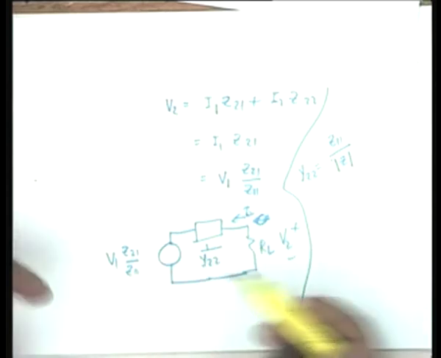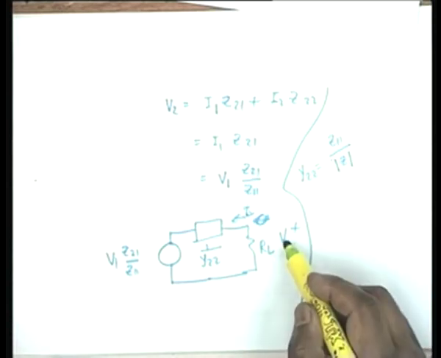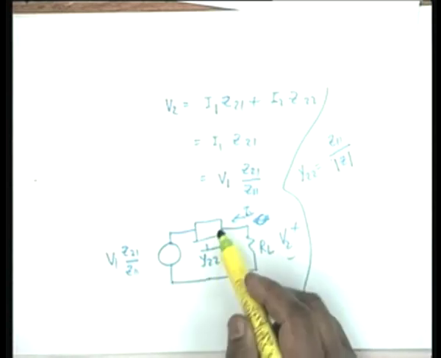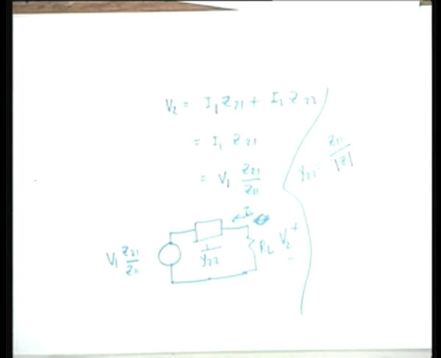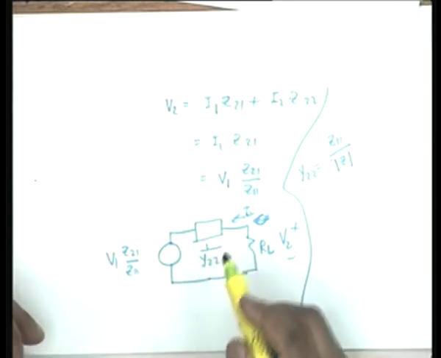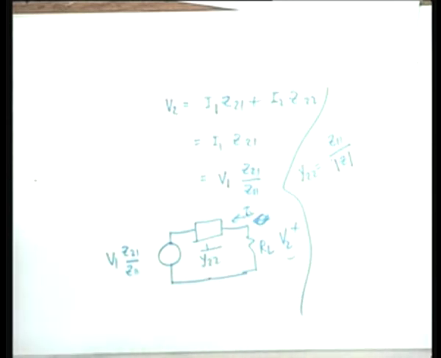Now it is a one loop network, nothing to it; V2 by V1 shall be simply potential division between these two. Okay. The input impedance, oh, that is a problem.